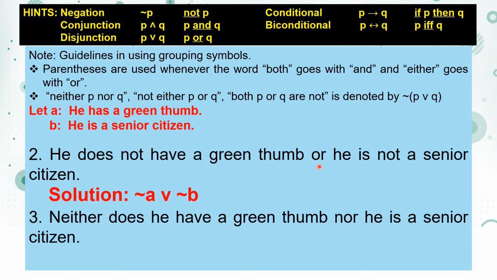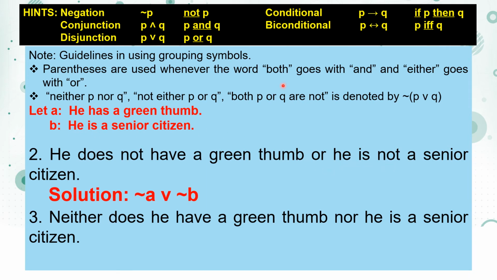Next, the word is or. And this or is for disjunction. And the symbol for or is this one, like the letter V. So, we write here, letter V as the symbol for or. Next, he is not a senior citizen. So, as you can see, "he is not a senior citizen" is the opposite or negation of our proposition B. Because here, it is "he is," whereas here it is "he is not."